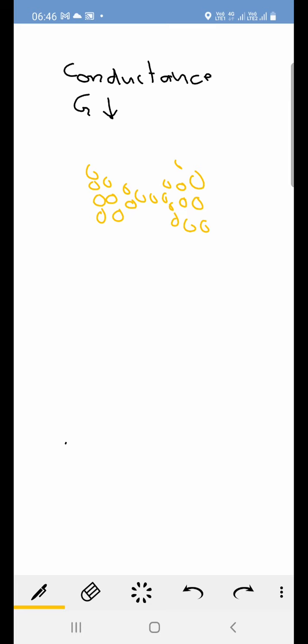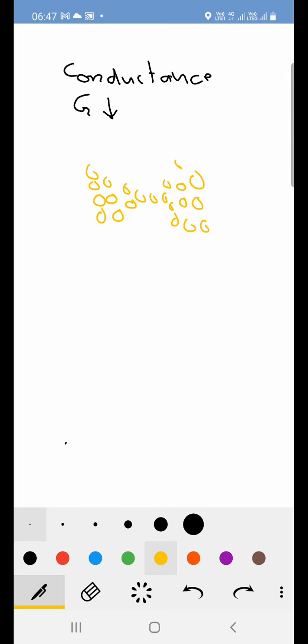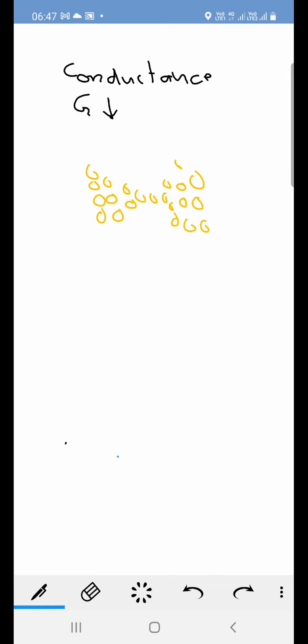Now, this decrease in conductance is stepwise.